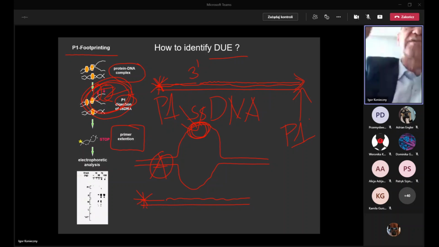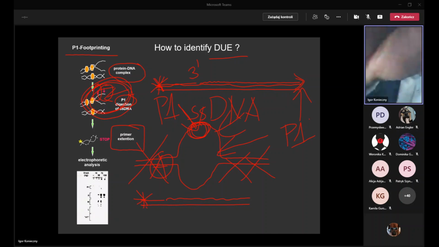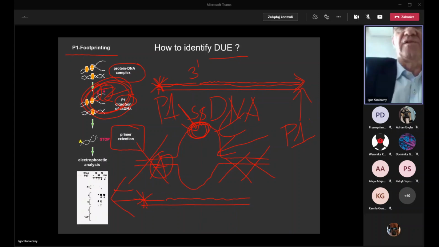Since those cuts are made in each molecule, you should optimize the reaction so that each molecule is cut only once. So one cut here, another one here, another one here, but not here, not here, and not here. Then you will have bands on the gel.